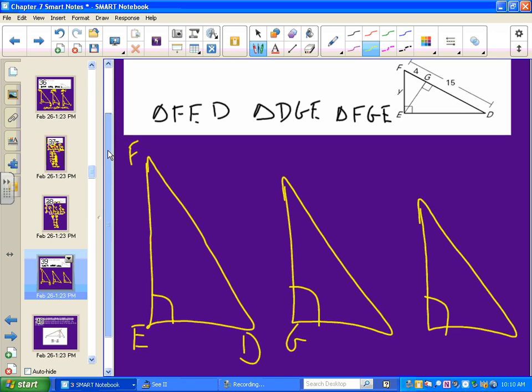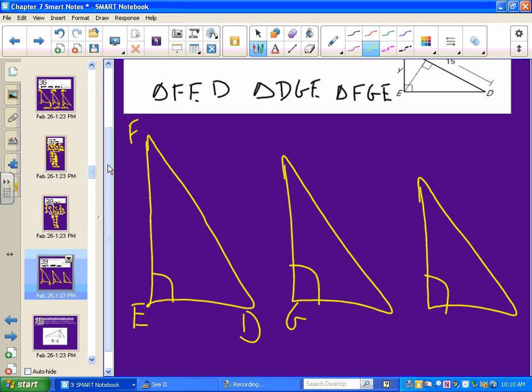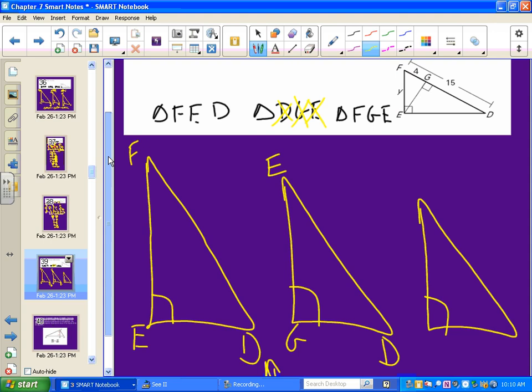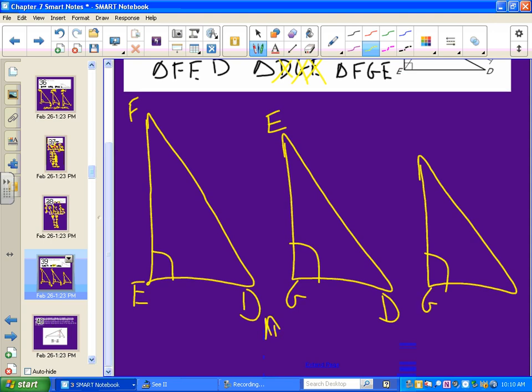Going back to the original triangle to place D and E, D is in the bottom right corner there, so D is going here, and E is going up top. Looking at the next triangle, triangle FGE, G is the right angle. F is up top in the original, so F goes up top here, and E goes down to the bottom right.